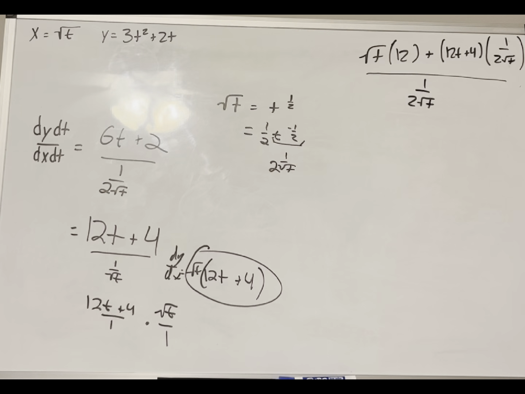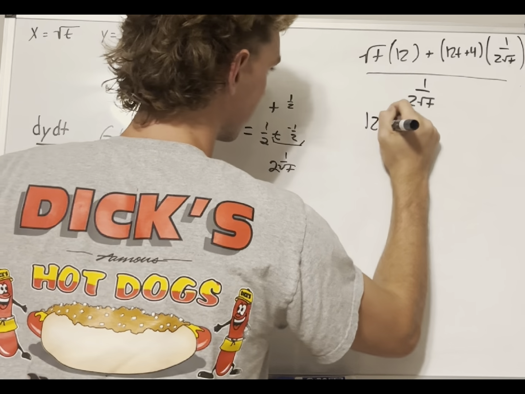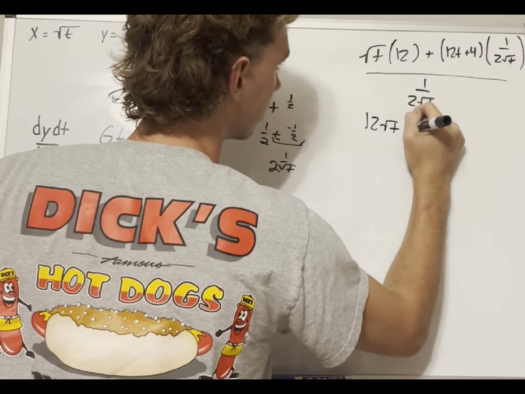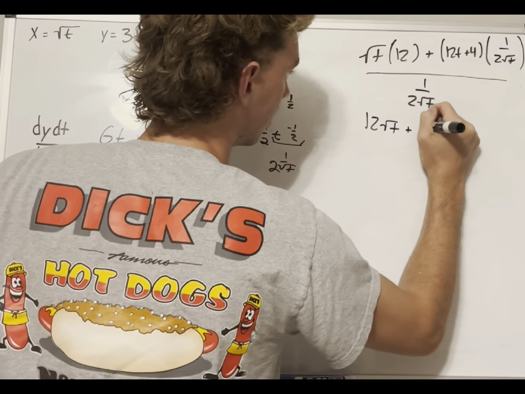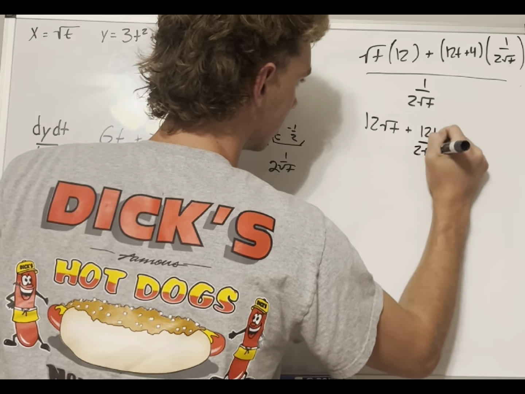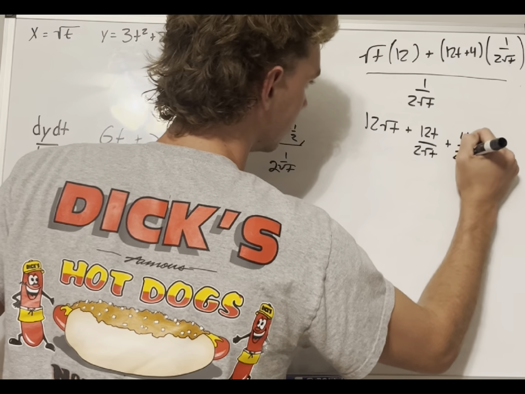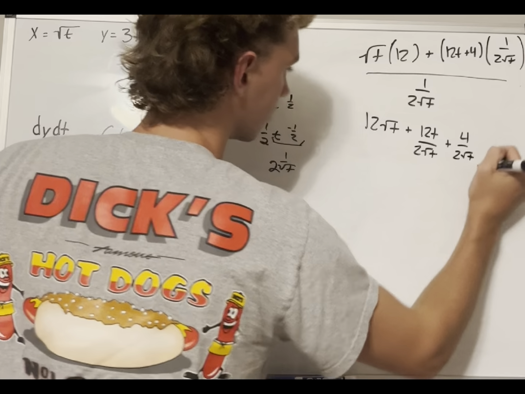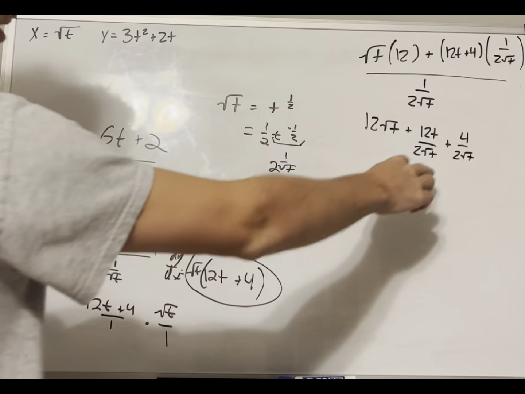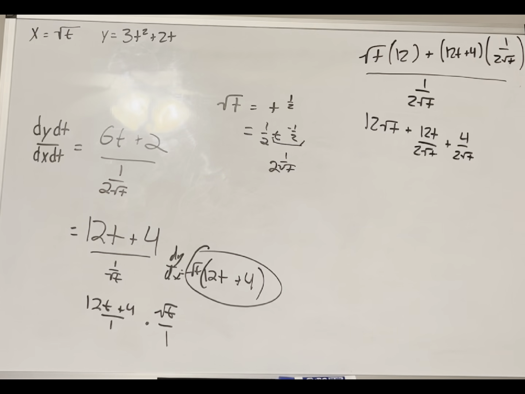So now I'm going to start combining these, distributing out. So you get 12 root t plus 12t over 2 root t plus 4 over 2 root t. You could keep these together, so you just have 1 on the bottom. I chose not to.